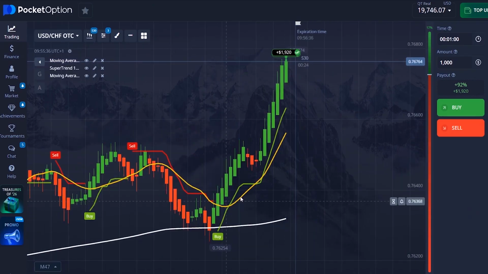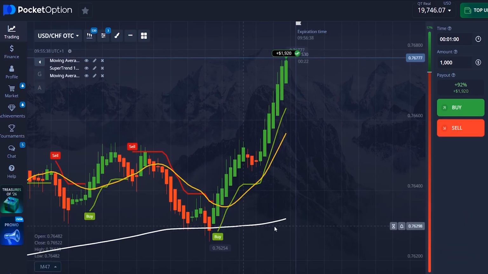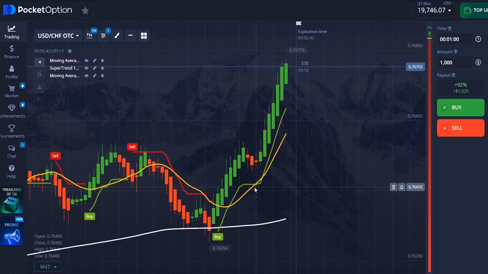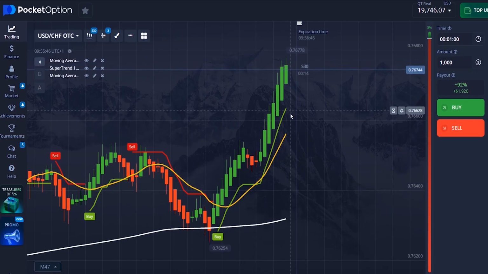So in the case of an up move, the market has to be above the moving average line, and it has to be giving me a confirmation that the buyers are pretty much dominant in the market and they are ready to push the market towards an upside direction.